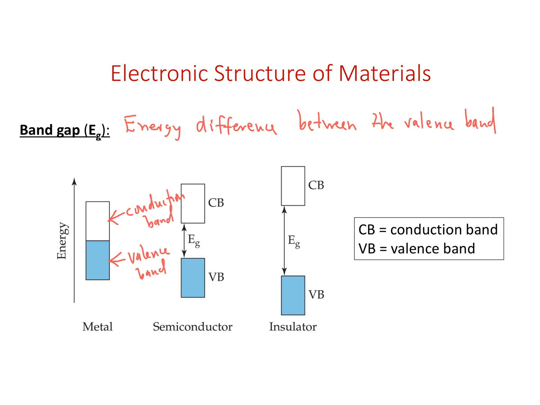The valence band, that's where the electrons are located. Those are our bonding interactions, and the conduction band arises from our non-bonding interactions, our anti-bonding orbitals.